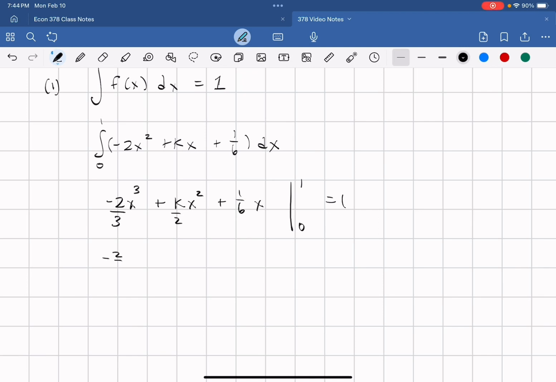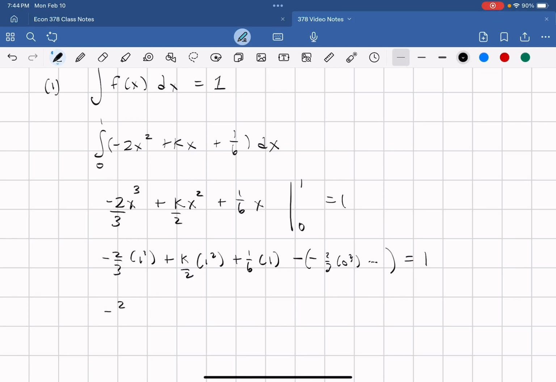So we get negative 2/3 1 cubed, plus k over 2, 1 squared, plus 1/6 times 1. And then there, just to let you know, this then should be minus negative 2/3 0 cubed. And we'll keep going from there. But that's all going to be 0. And that should equal 1.